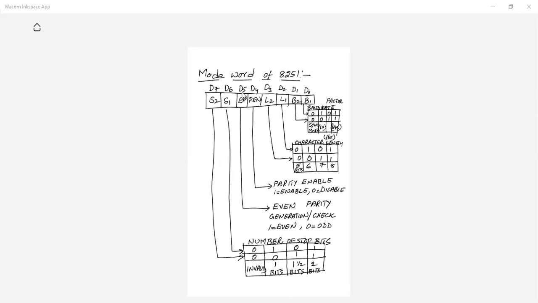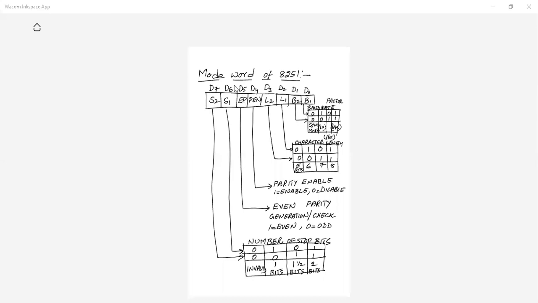If you keep 0, then it is odd. So if you are using D5, you must enable D4 with 1. If you enable D4 with 1, then only you can use D5. If you disable D4 with 0, then you can't use D5.